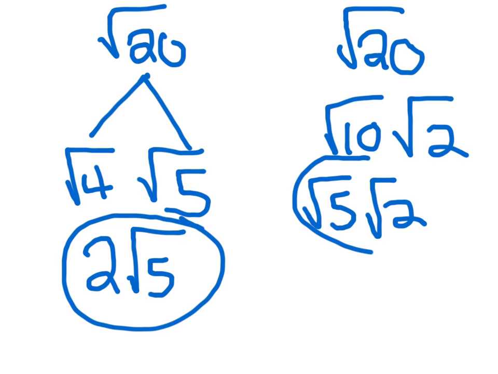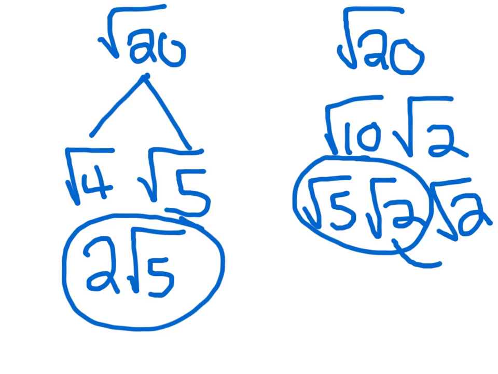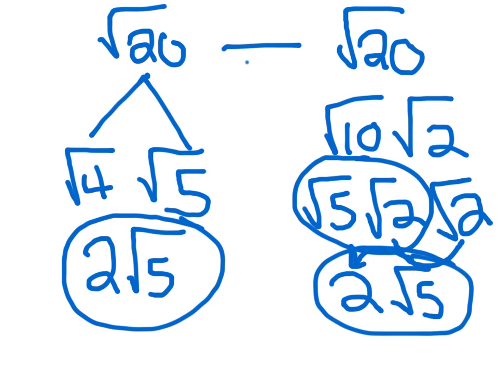And by rewriting the 10 as square root of 5 times square root of 2, and then bringing down our other square root of 2, we can see that square root of 2 times square root of 2 is the square root of 4, which is 2. Another thing to remember, the square root of x times the square root of x is always x. So those simplify to 2, and I get 2 square roots of 5. So regardless of which method I use, if I keep going and use a couple fundamental concepts, I'll always get to the same thing.